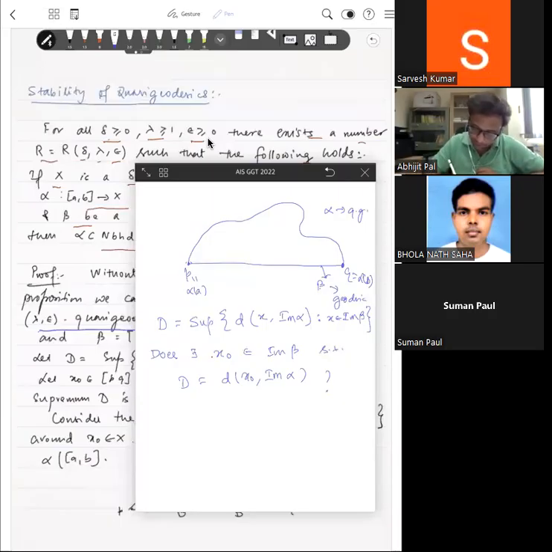In other words, can I get a point x naught such that if I take a ball of radius D, the picture will be something like this: the circumference will just touch alpha, and D is the maximum. So is the supremum realized? Can I get this x naught?